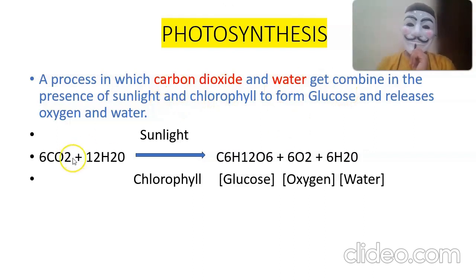So just add 6CO2 and 12H2O, in the presence of sunlight and chlorophyll, to form glucose, C6H12O6, and release oxygen and water. Just add 6 only on the C. On the reactant side, add 12 molecules of water, and on the product side, add only 6 molecules of water. Okay, let's go ahead.